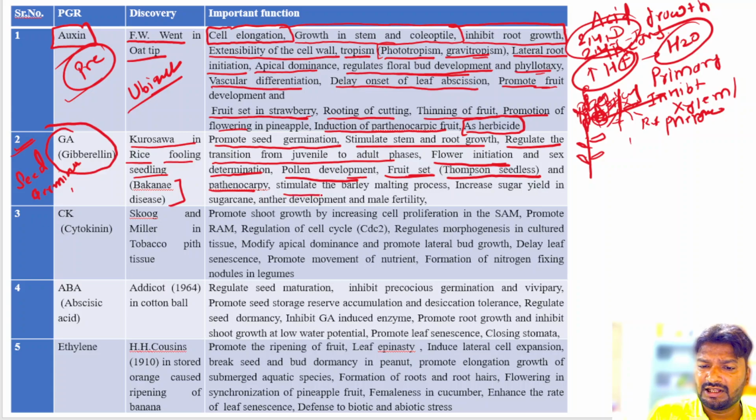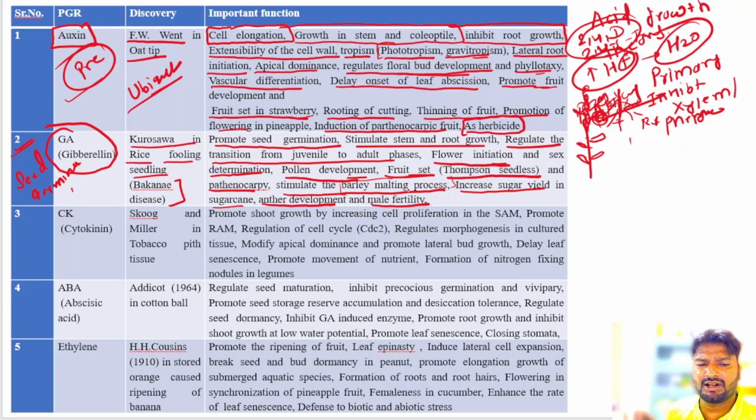Also it stimulates the barley malting process. Barley malting means it is used in the drink or beer industries. It increases the sugar yield in sugarcane because it increases the stem length. Okay, so when your stem length increases, the sugar content also increases in sugarcane. Anther and pollen development and male.